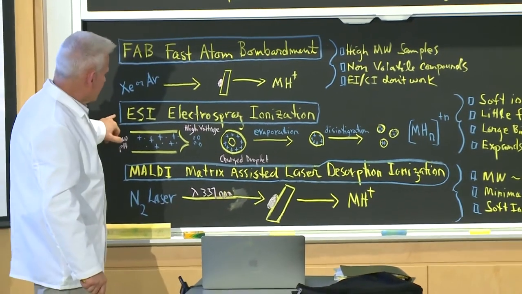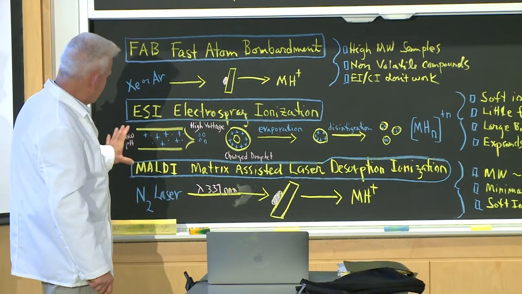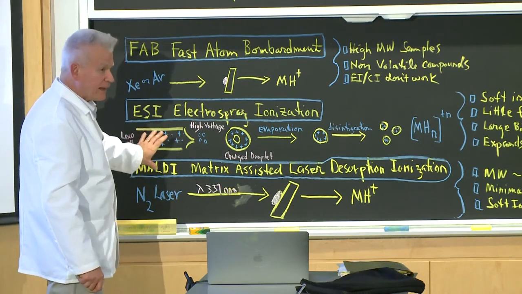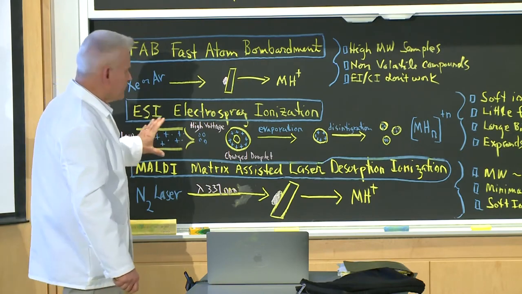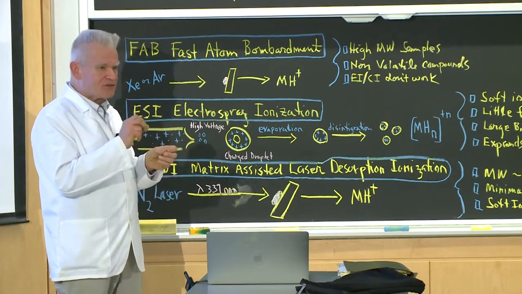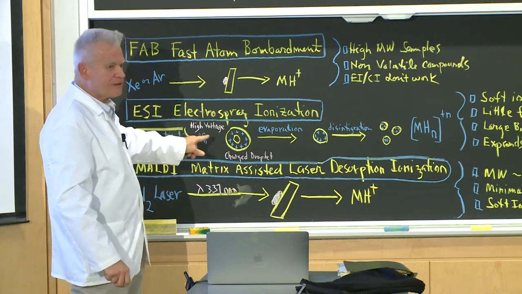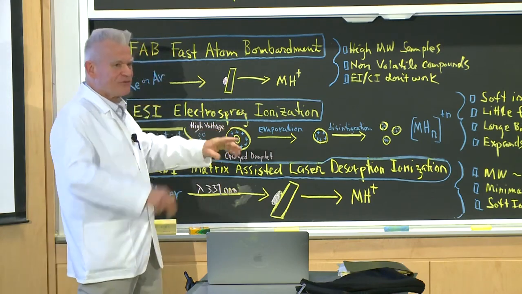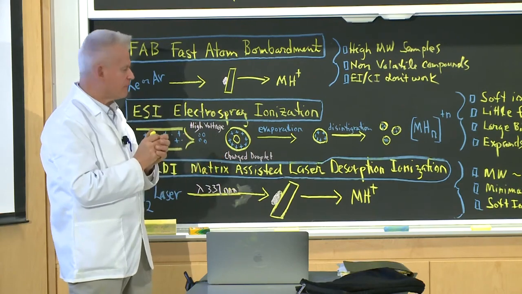The next technique, electrospray ionization, is quite interesting. The molecule is ionized, and it's done at a very low pH. And there's a nebulizer that shoots out like an aerosol through a high voltage, and you get these charged droplets coming out, very large droplets with a lot of positive charges on them.